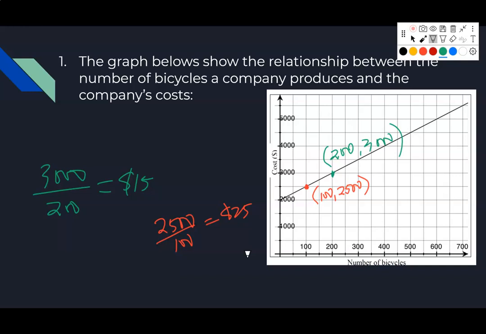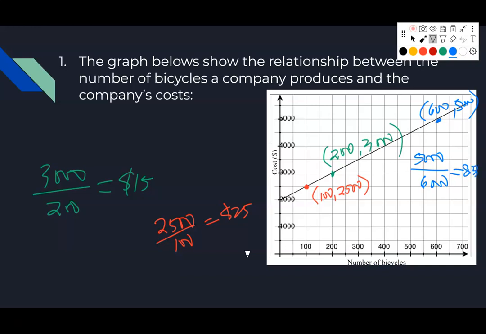If you want to try another one, let's try 600. This point is 600 and the cost is 5,000. But if we use her computation, 5,000 over 600 is equal to 8.33.